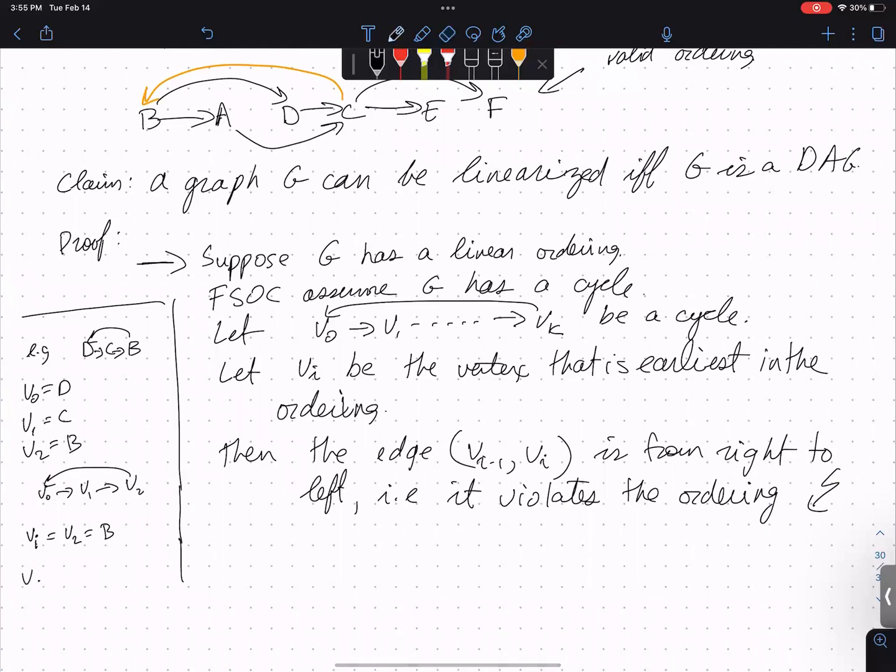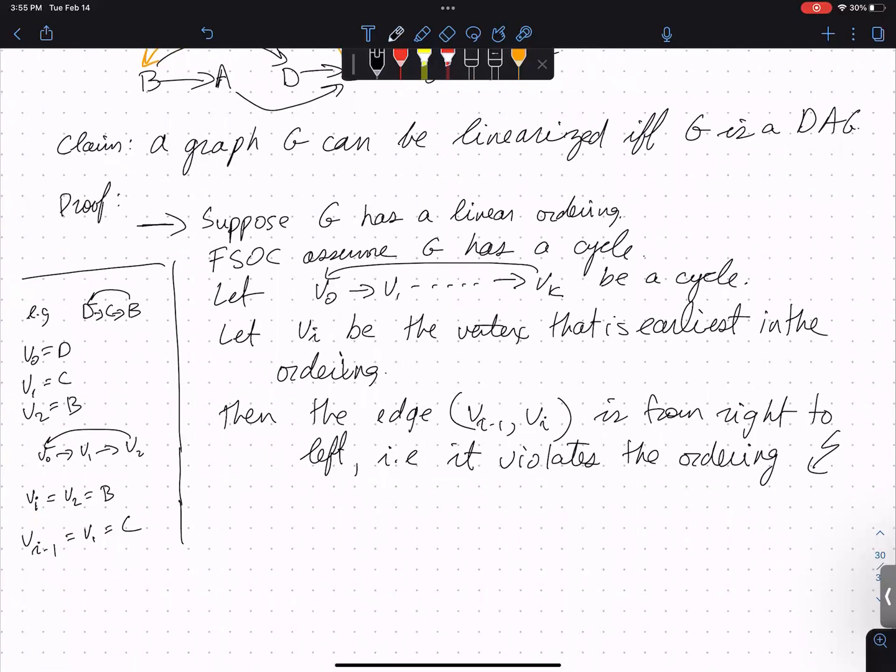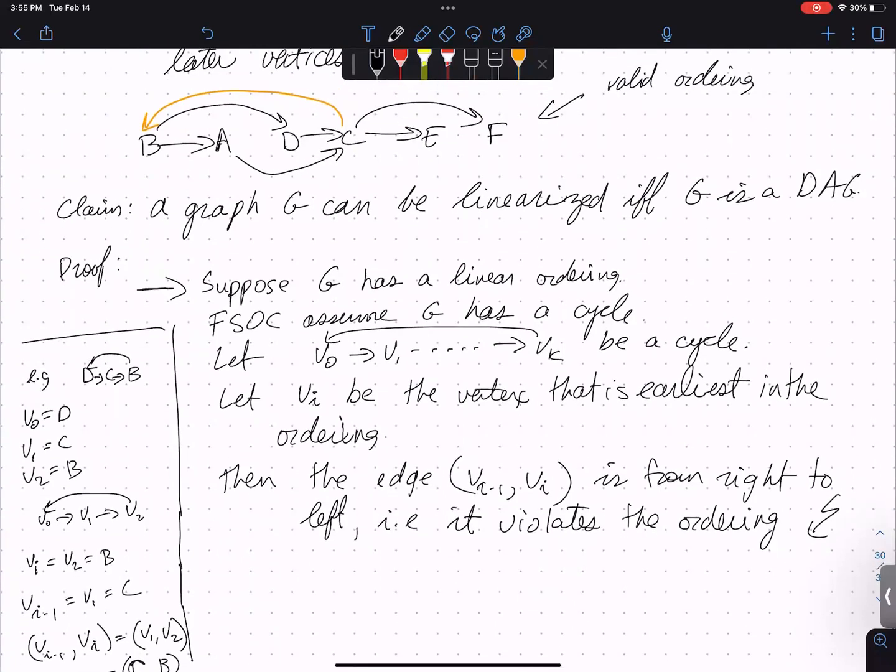I is 2, so I minus 1 is 1. V1 is equal to C. Then the edge I'm talking about is an edge from V1 to V2, which is an edge from C to B. What I'm saying is the edge from C to B, this orange edge, is going from right to left.